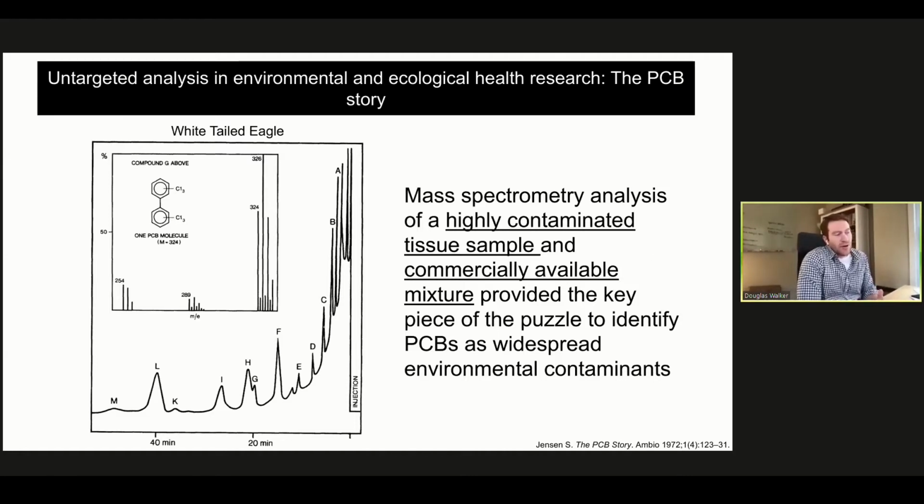But what's really critical, and the take-home message from this, is that these environmental exposures that we all know so well today were originally discovered using untargeted methods based upon complete unknowns. Again, he was not able to initially assign a structure or a mass or any additional information to these peaks. It was purely a peak at a given retention time that was being measured reproducibly.